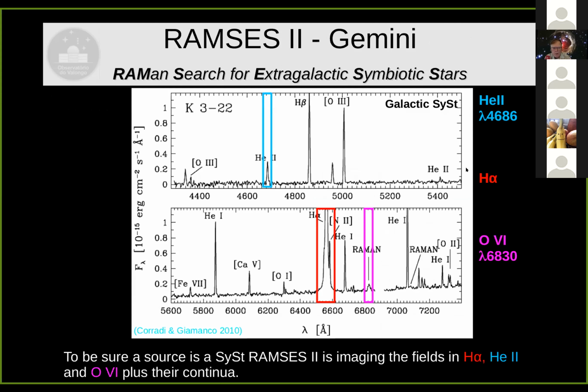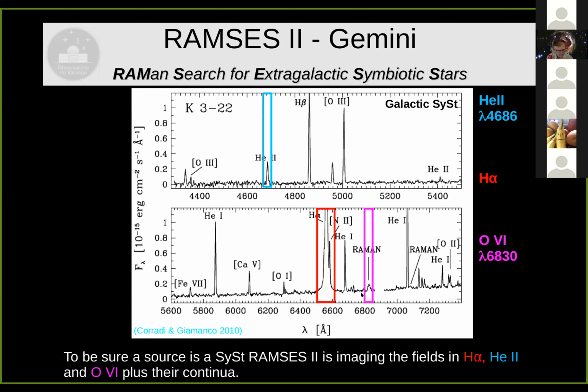You also do this in H alpha, because whatever ionized object you have shows H alpha, in O III, which is our target, and also in He II. This is because He II has about half the ionization potential of O VI.